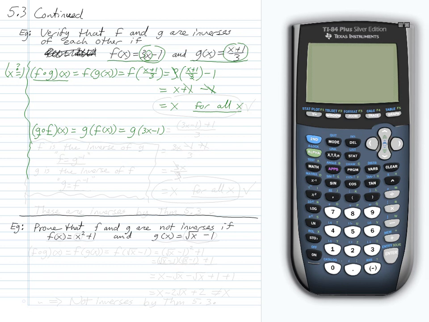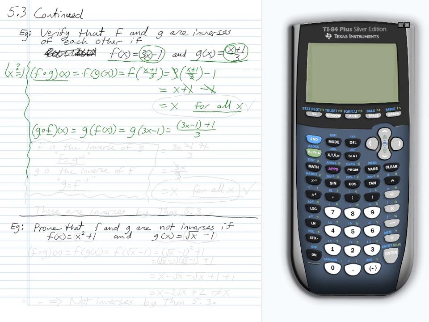And what does g do? Well, we're going to put (3x minus 1 plus 1) over 3. So we're replacing this x in g with 3x minus 1.